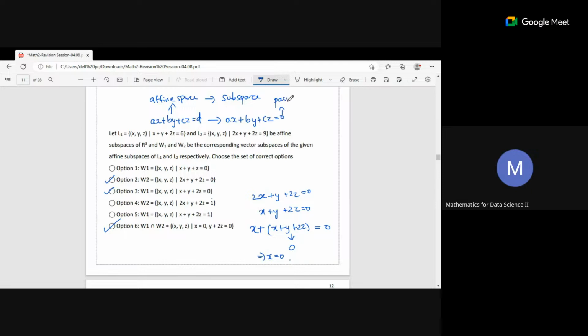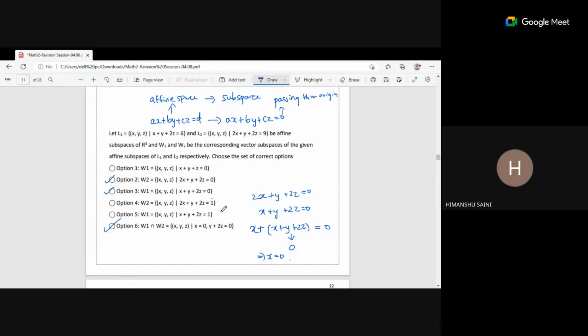So 0 means that it is passing through origin. Only if it is 0, then it can be a subspace. If it is 1 here, it is not a plane passing through origin. That is why this is not a subspace corresponding to this L1 and L2.